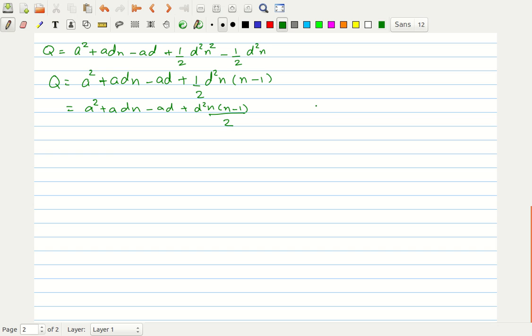So all I am saying is that n times n minus 1 divided by 2 is always an integer. Okay, so that is why we know that this term is an integer, this term is an integer, this term is an integer, and this term is an integer. So q is an integer, and we are done.